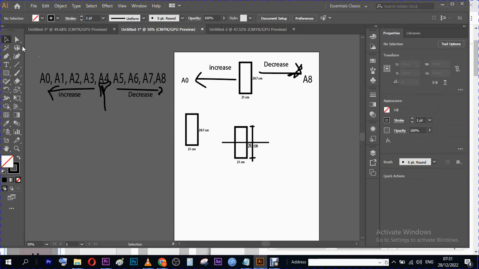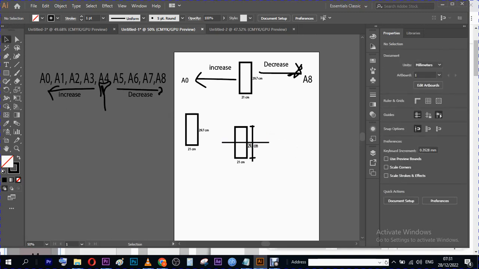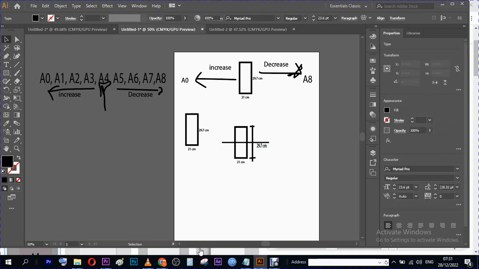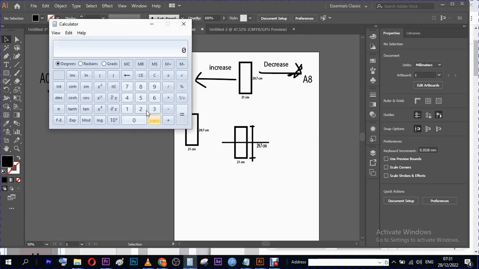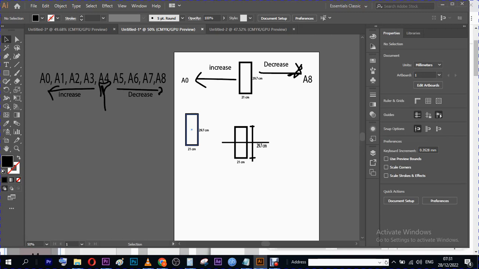Are you seeing that? So that is the height of an A4. So if at all we divide it in the middle, we get our calculator here. At 29.7 centimeters, okay? 29.7 centimeters divided by 2, making it 14.85. So it means that our A5, let us duplicate this.